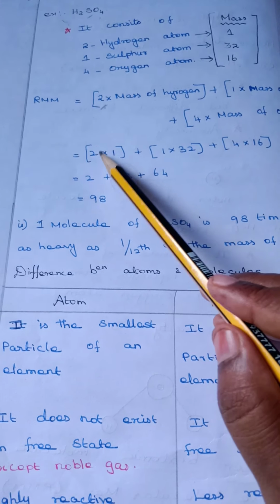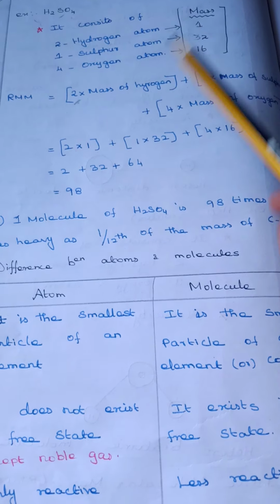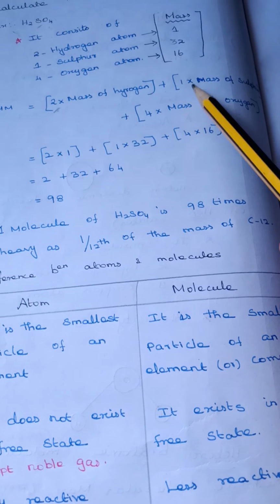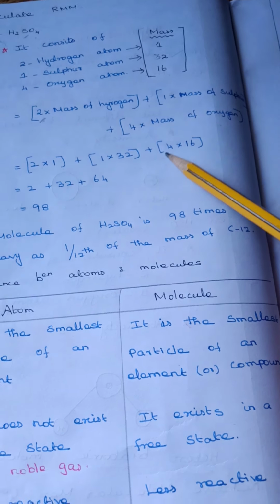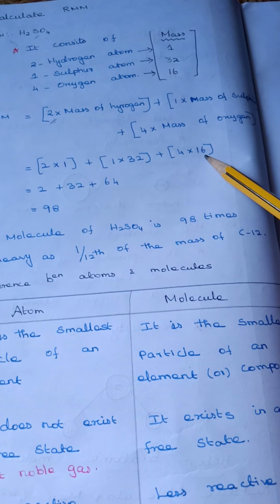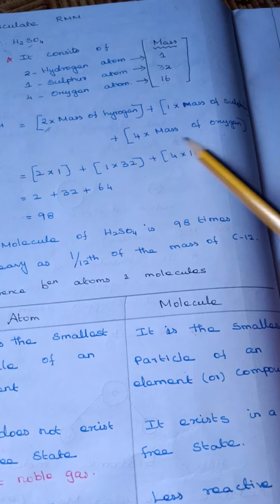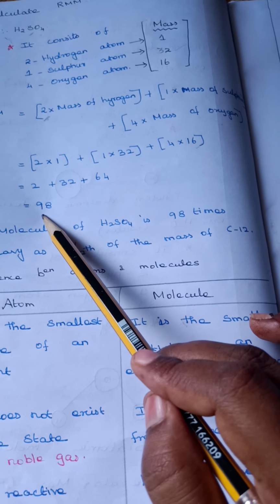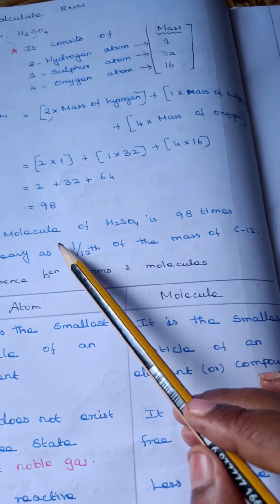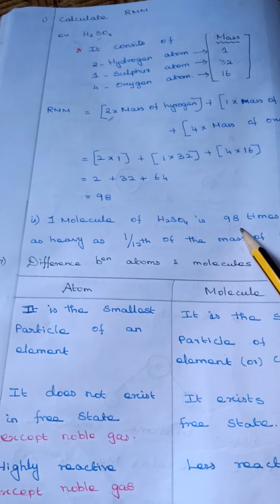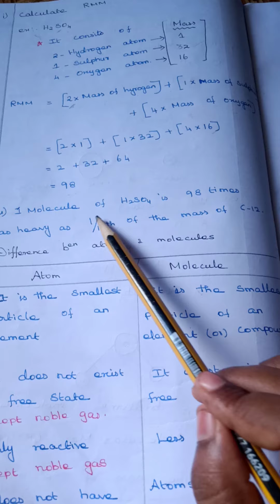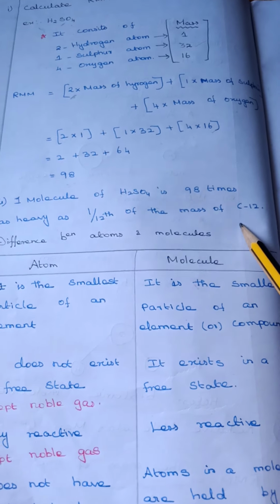The next one: 2 into 1 plus 1 into 32 plus 4 into 16. Simplify these values, then you get 98. That is, 1 molecule of sulfuric acid is 98 times as heavy as 1 by 12th of the mass of a carbon 12 atom.